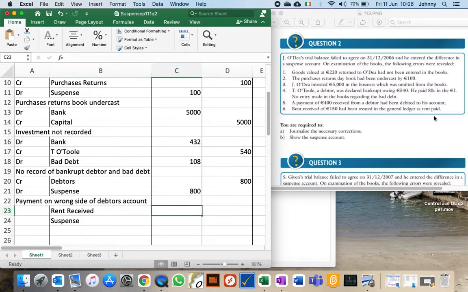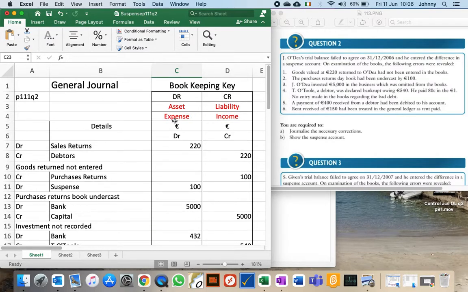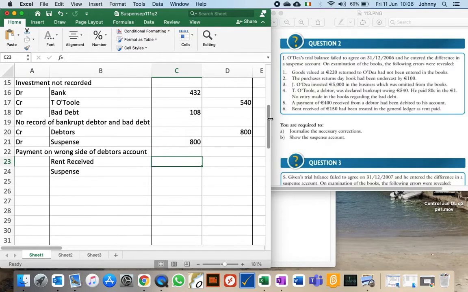Now rent received is an income, and just going back to the bookkeeping key, and again in the exam I'd advise you write the bookkeeping key down at the very beginning, and I always keep on referring back to it. So rent received is an income. Okay, so I should have received an income and had €150 on the credit side here of the rent account, but it was treated as rent paid, which would be an expense on the opposite side.